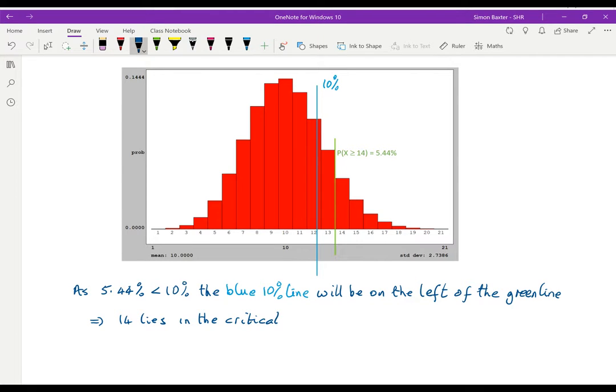So we have established that 14 lies in the critical region without actually working out what the critical region is.